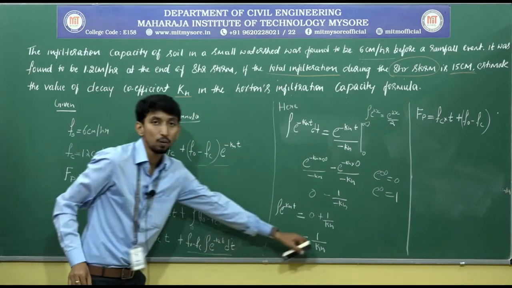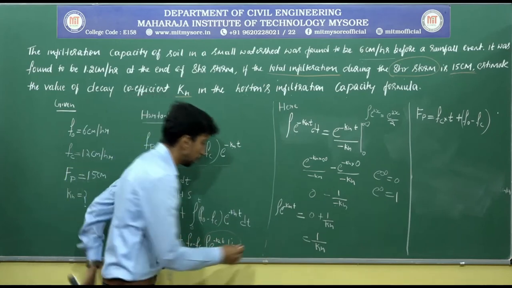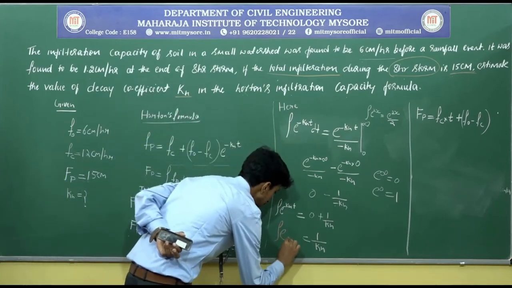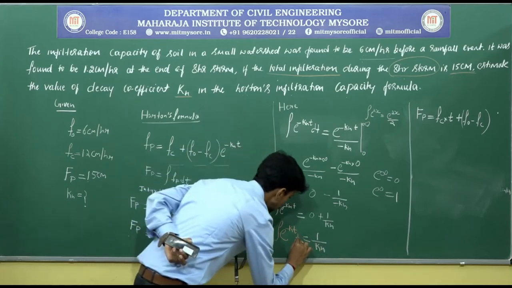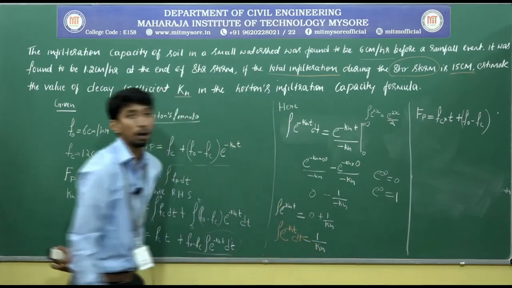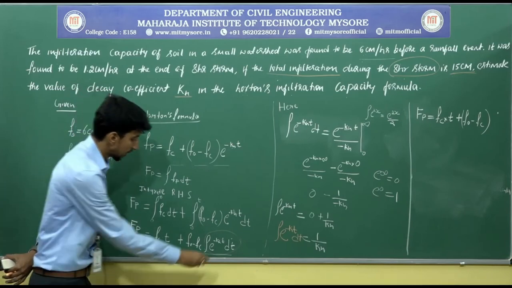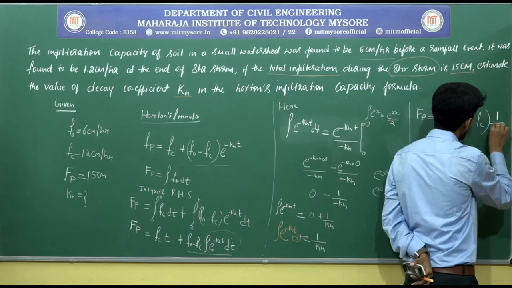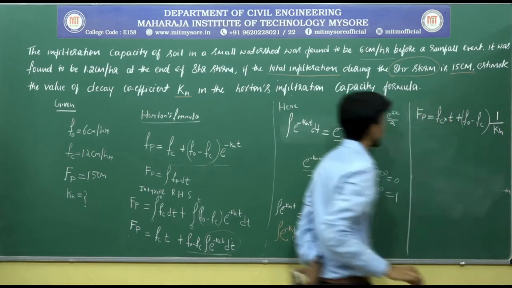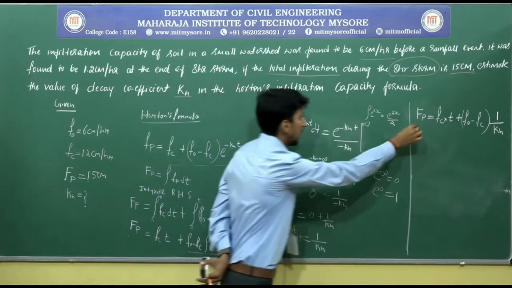This value is 1 by kh, the integration of e power minus kh t dt. Here we can write it as 1 by kh.